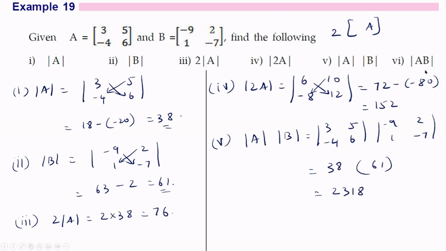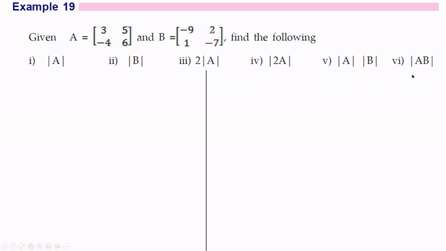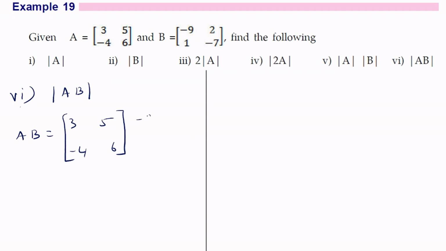Now let us find determinant of A into B. So to find the determinant of A into B, first we have to find the matrix AB. The sixth subdivision, determinant of AB. So first we have to find the product of matrices A and B. This is A into B. So here to find product AB, we multiply first row, first column and add the numbers.